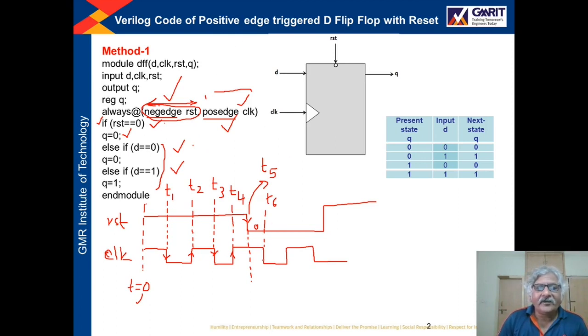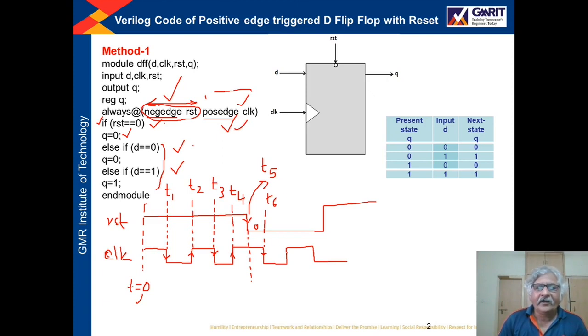And at time T6, in the clock signal, we detect the negative edge, right? Clock is going from high to low. So this event is also not recognized, because here we have written posedge CLK. Only the positive edge of the CLK will be detected. So nothing will happen. Output will remain 0.